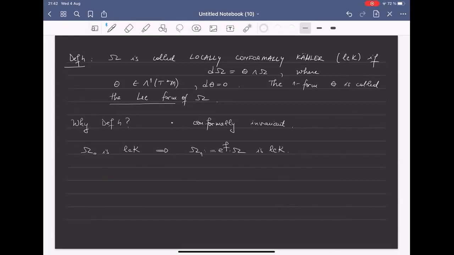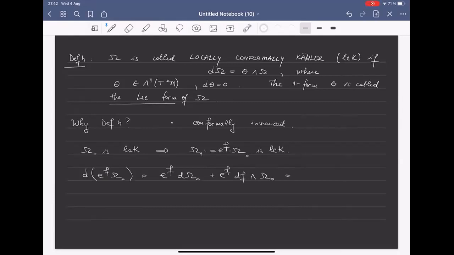And indeed, one can see this just by doing a trivial computation. If we take the exterior derivative of e to the f multiplied with omega 0, this is e to the f times d omega 0 plus e to the f times df wedge omega 0.